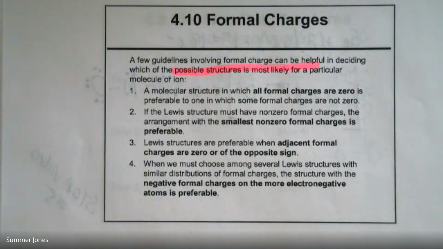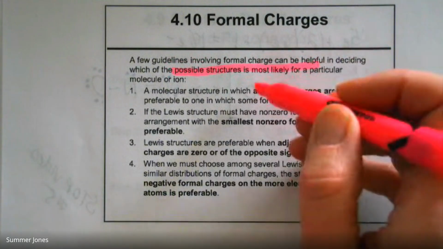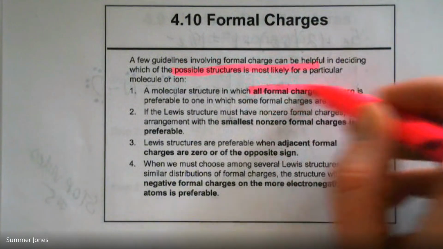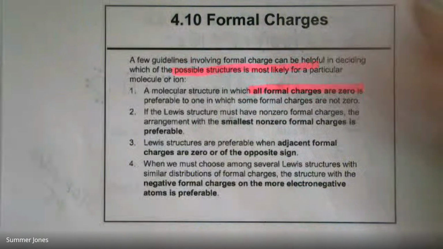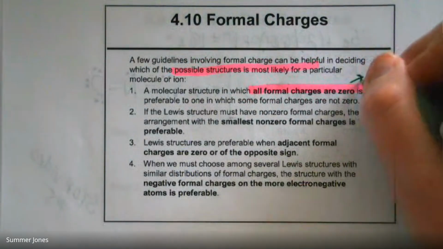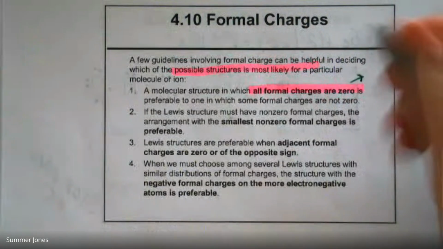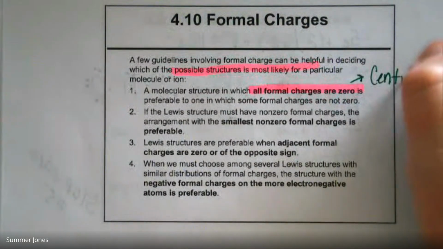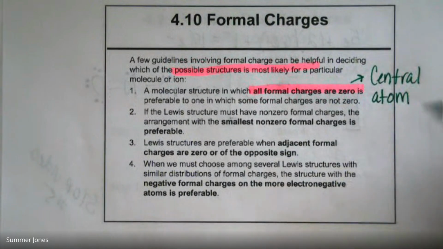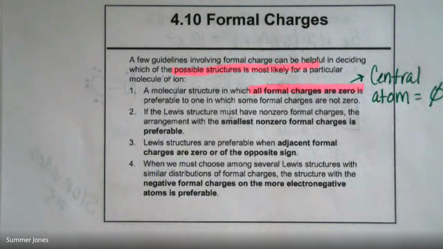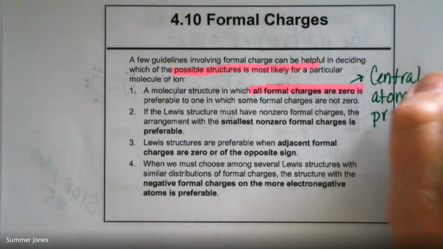One of the main things we look at: if a structure has all formal charges of 0, that is the preferred structure. We're also looking to see if the central atom has a 0, that might also be preferred.